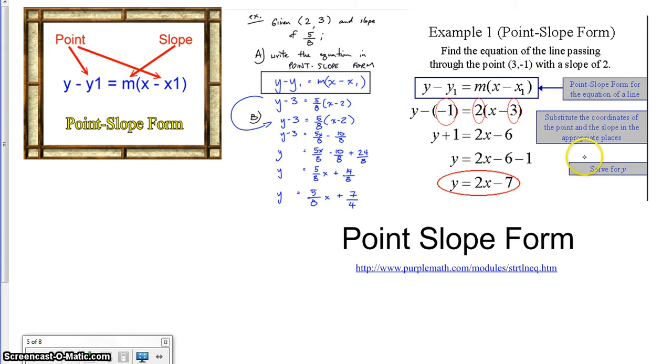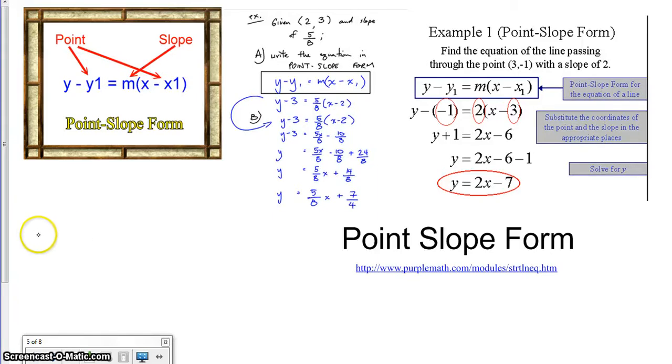Point slope form. Now, Mrs. Rose is going to be very fair. Point slope form must have been invented by some high school or college professor that just decided their kid didn't understand how to use the format of y equals mx plus b. I'm not a big proponent of point slope form, but here is a great module from Purple Math if you have struggles with it.